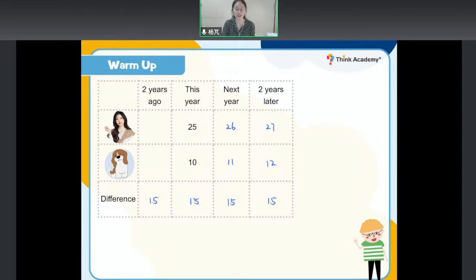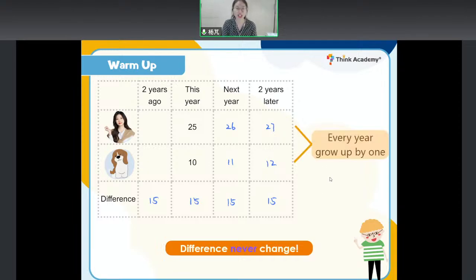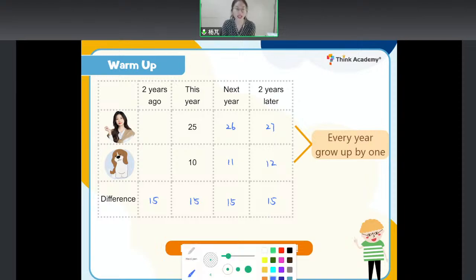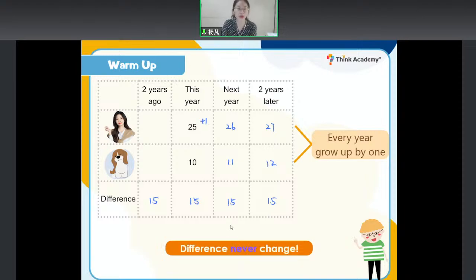Yeah, correct. The difference never changes. Remember this, everyone: the age difference never changes. Why? Because every year I grow up by 1, and my dog also grows up by 1, so the difference never changes. That's a review of this.